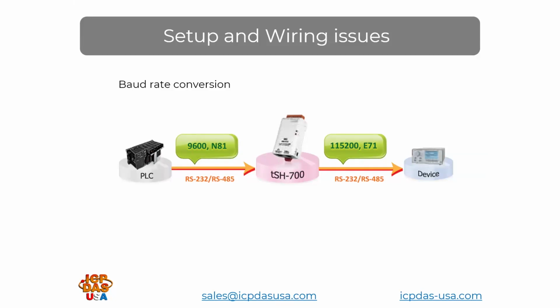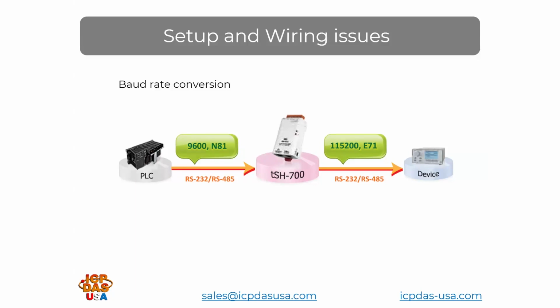If you wanted to change the baud rate back to 9600 after the device, you can install a second TSH module to the right of the device, and it would continue on at that new baud rate or the incoming baud rate. But the idea is all you're doing is switching the baud rate back on the other side. So each segment has its own unique baud rate.